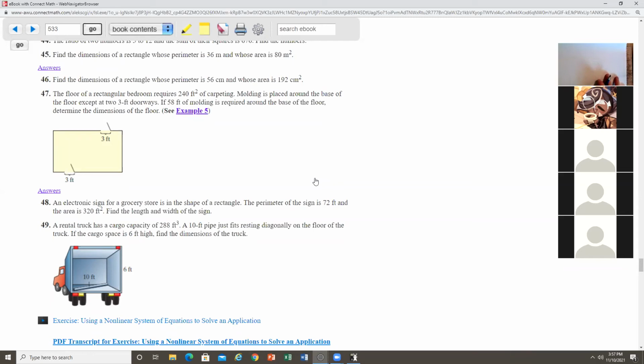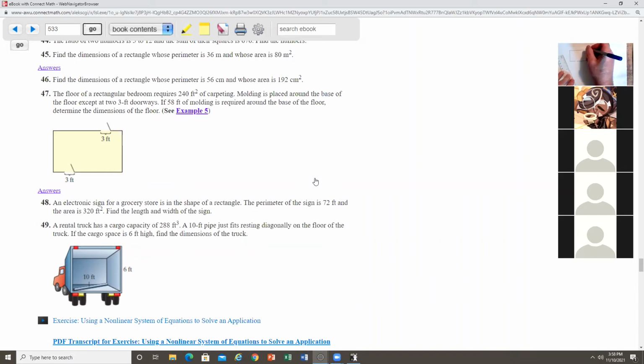So we have a rectangular floor plan for this room in our house, and we do have some doors here that open up to this room. So I have to allow for the doorways. I'm drawing a picture right now, just bear with me.